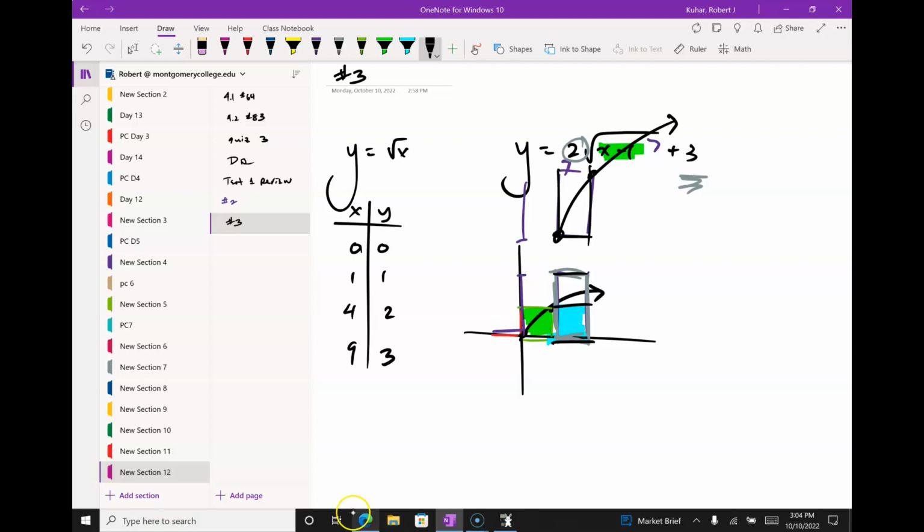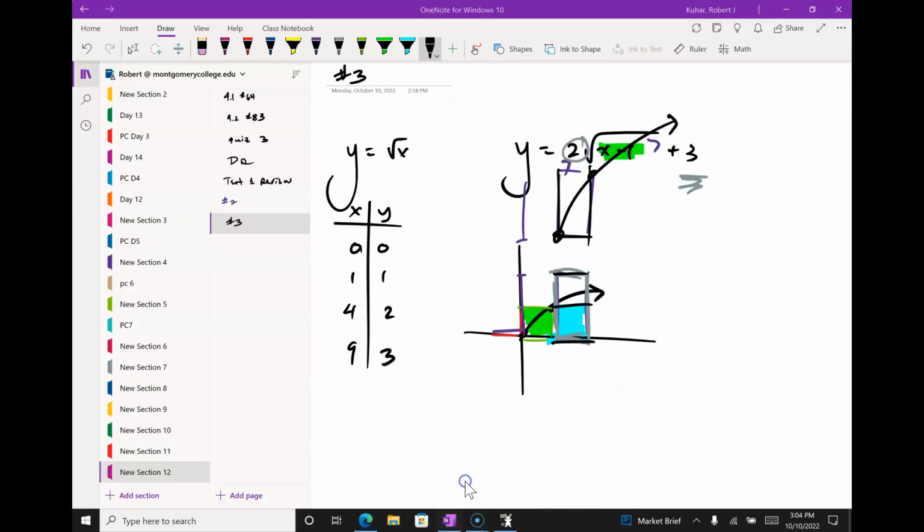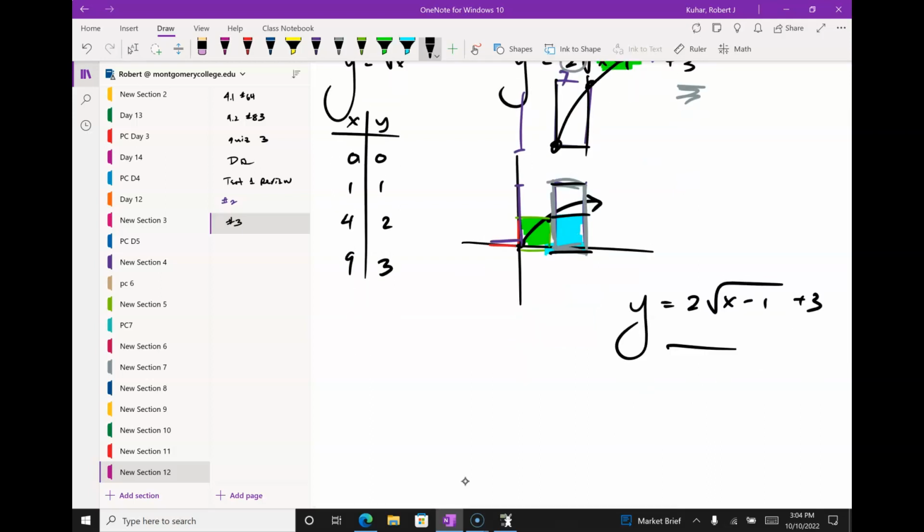And I can clearly see that on Desmos, right? So now I want to adjust my table. So for y equals 2 square roots of x minus 1 all plus 3, my x's are changing by what? Adding 1 or subtracting 1? So 1, 2, 5, 10. Yes, you with me? I took my original x's, added 1 to them. Then I'm going to do what to my y's?